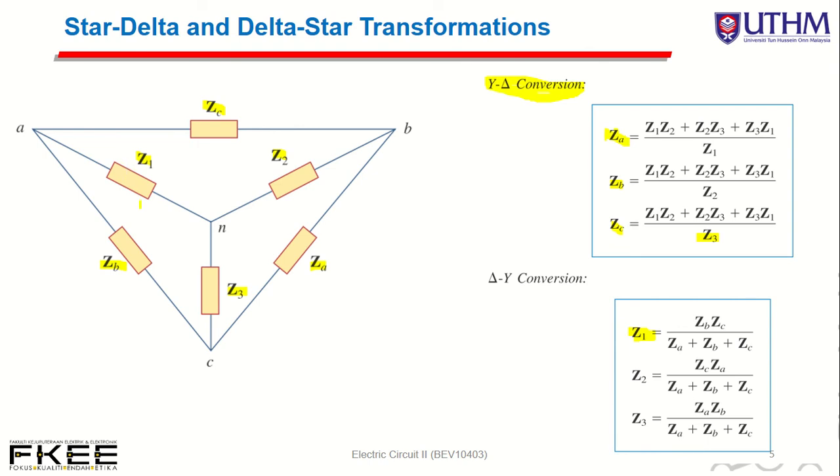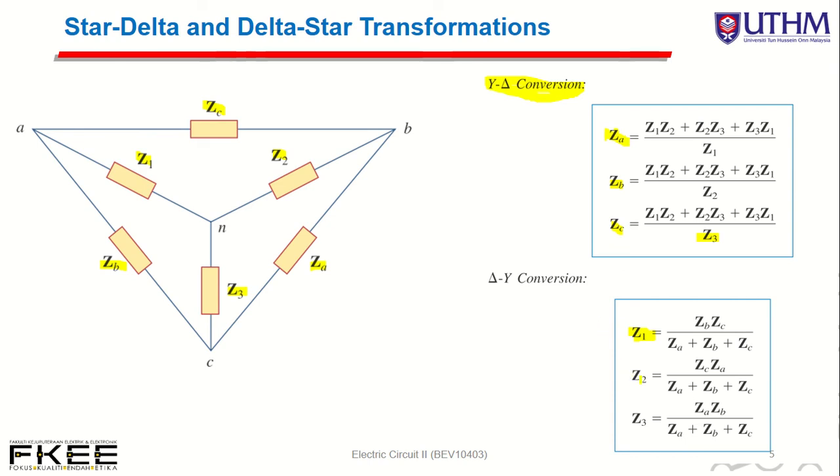If you want to determine Z1, to remember easily, we multiply the adjacent ones. The ones adjacent to Z1 are ZB and ZC, so ZB times ZC divided by the summation of ZA, ZB and ZC. That's the way to remember this formula.